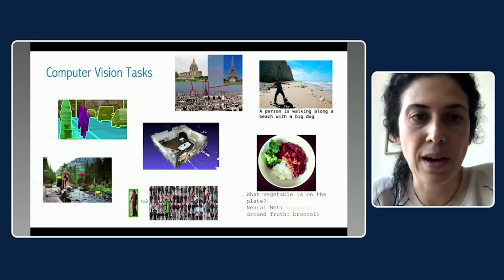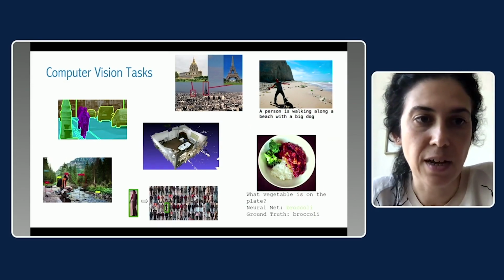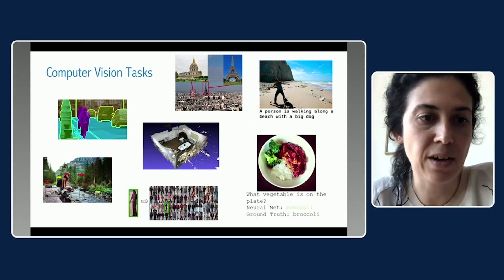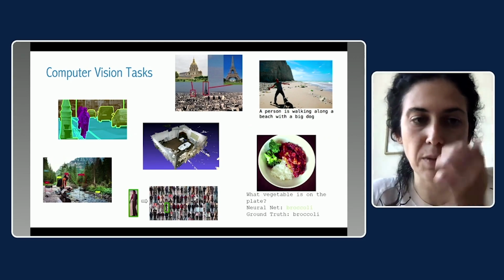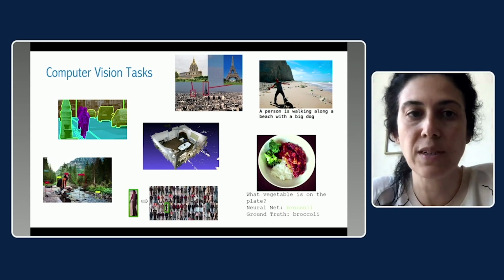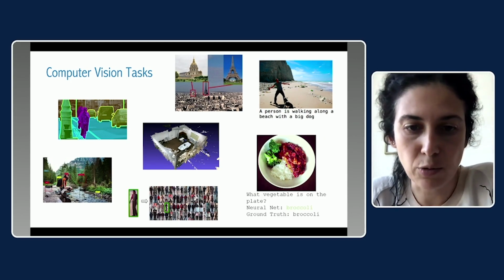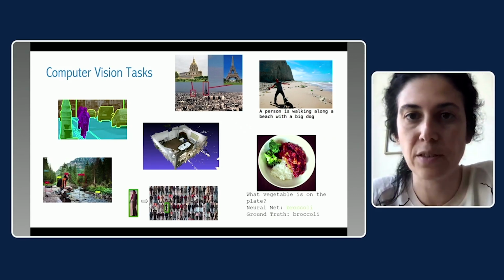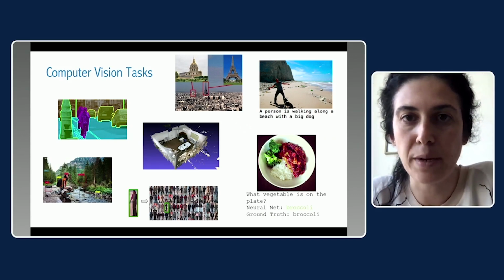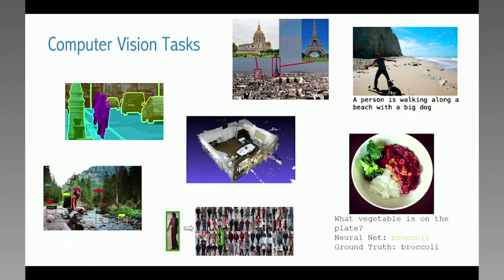Tasks that go from understanding and interpreting images at pixel level, localizing objects, so segmentation, detection, but also understanding the 3D structure of a scene, also being able to understand if two images are related, for instance, depicting the same monuments, so for geolocalization application, or understanding if two images correspond to the same person.